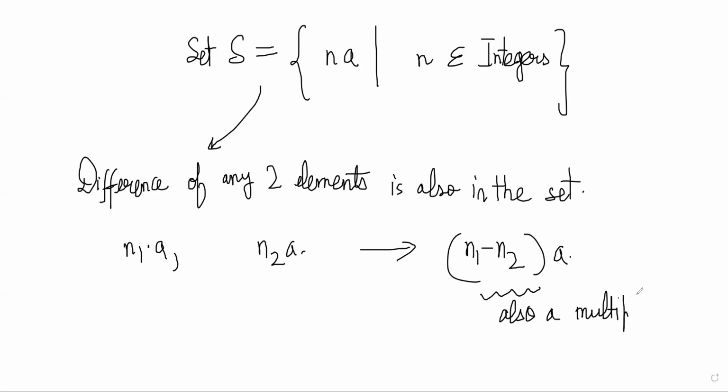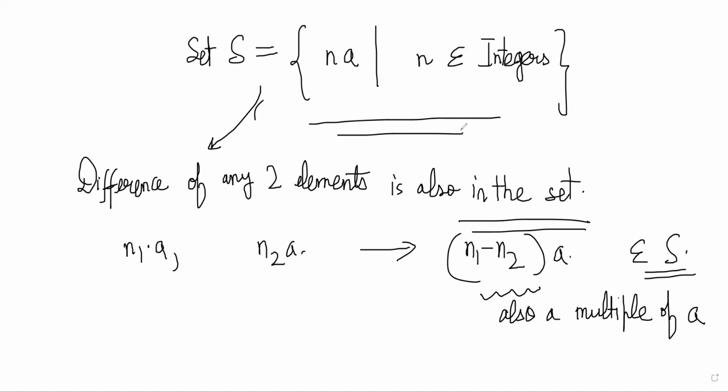So by definition of the set, any multiple of a belongs to the set. So n1 minus n2 times a belongs to the set. We already know this. So we have proved our statement. So an interesting problem which uses our understanding of the set and establishes what the set actually looks like. Let's move on to the next problem.